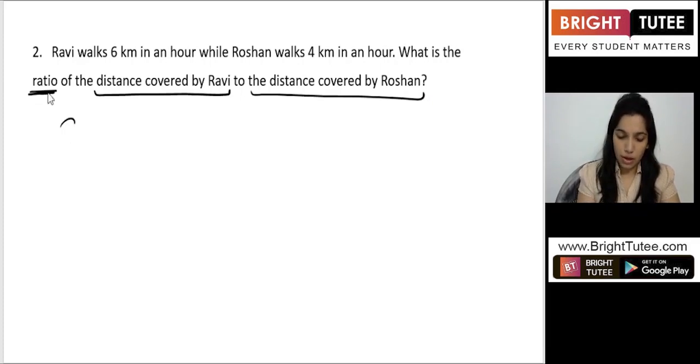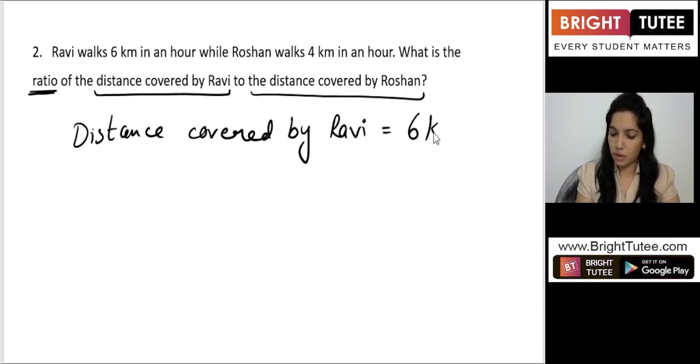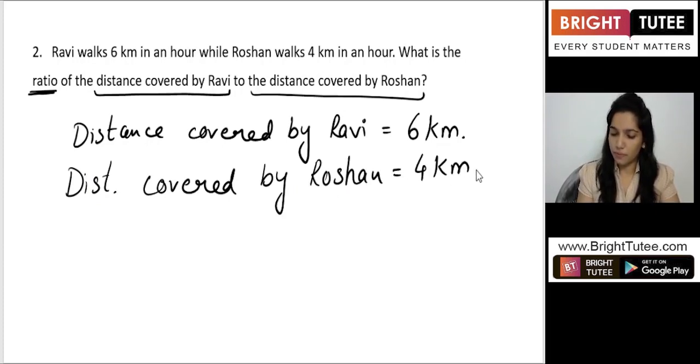So distance covered by Ravi is equal to 6 kilometers and distance covered by Roshan is equal to 4 kilometers.